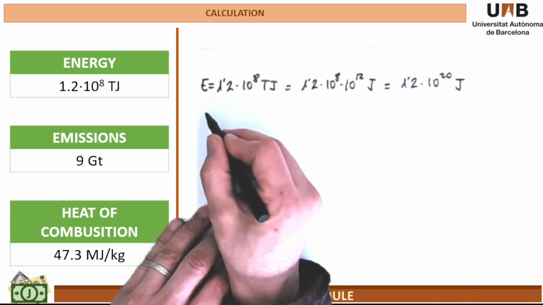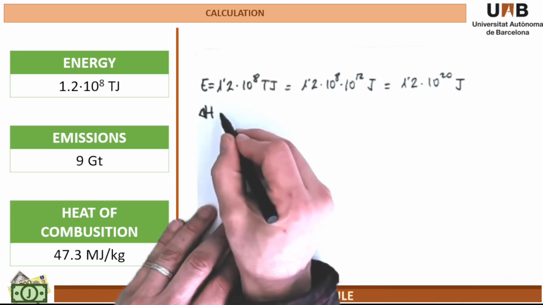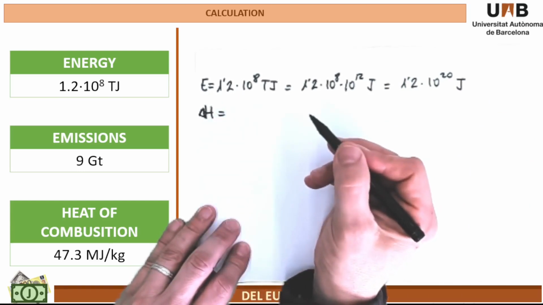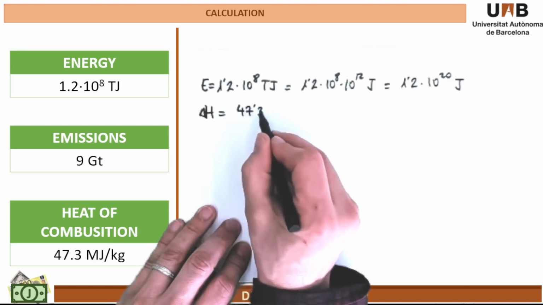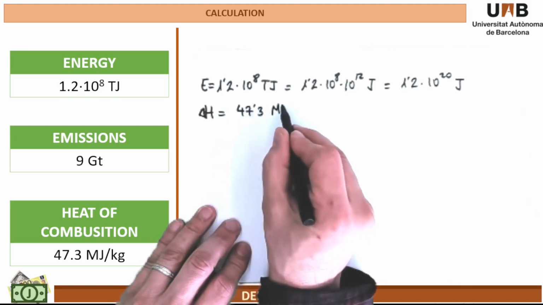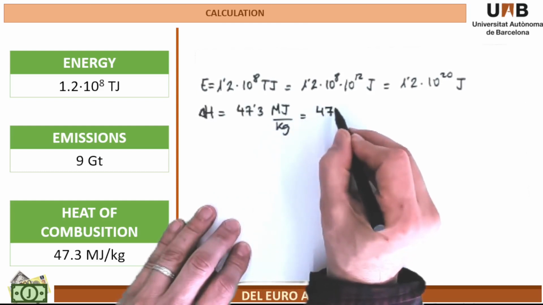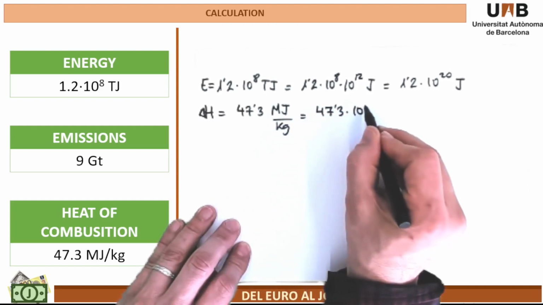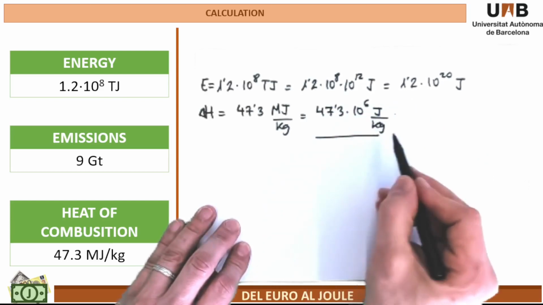The heat of combustion of gasoline was 47.3 megajoules per kilogram. And if we pass it to joules, we get this value.